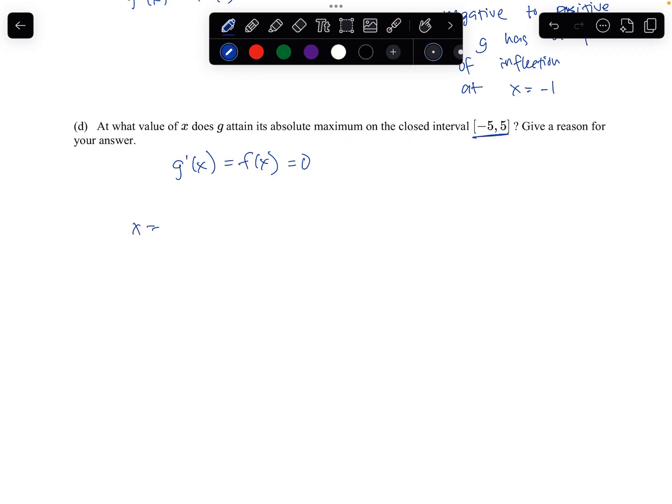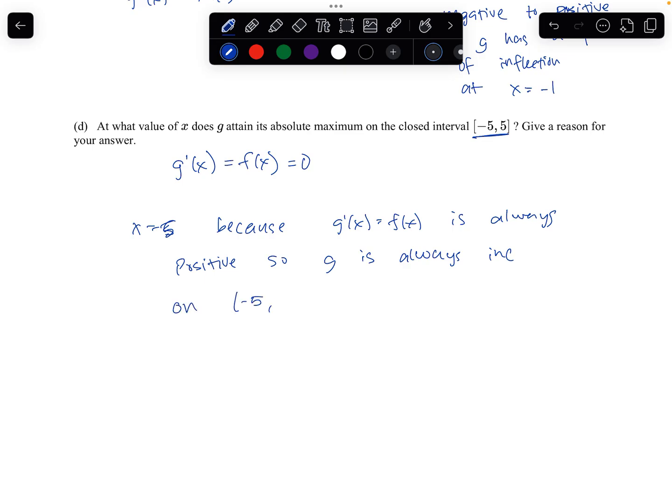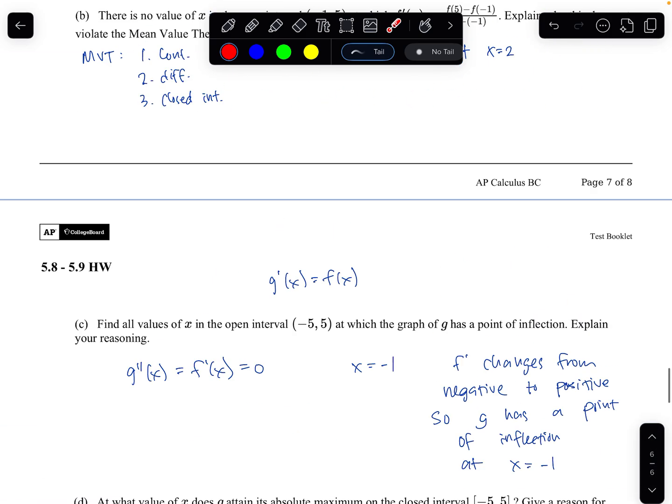So x equals 5 because G prime of x, which is equal to f of x, is always positive. So G is always increasing on -5 to 5. So that means that G of 5 has to be larger than G of -5. Okay. There you go. Okay, and that should be everything for this homework.